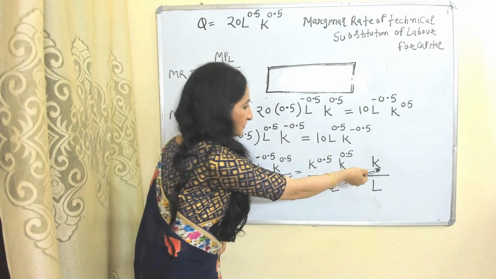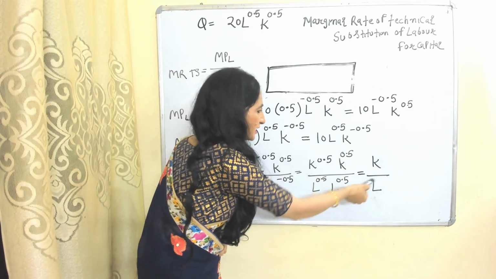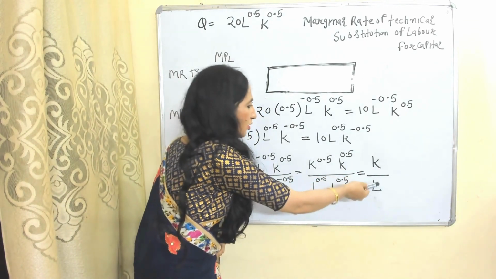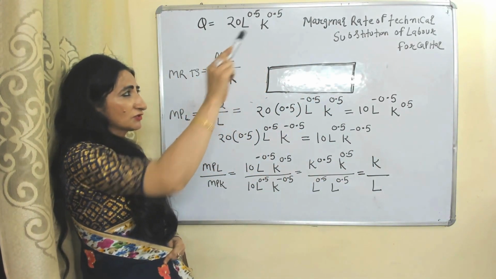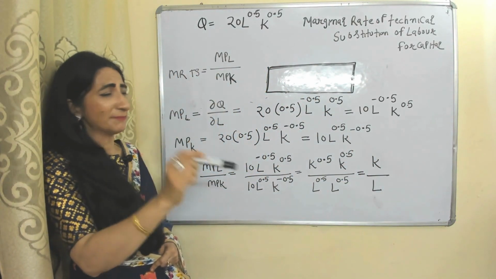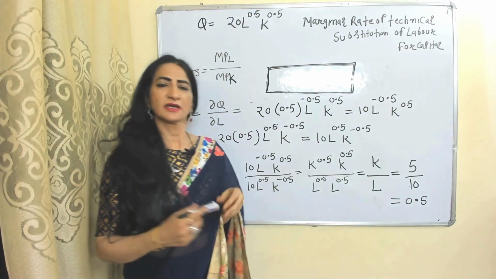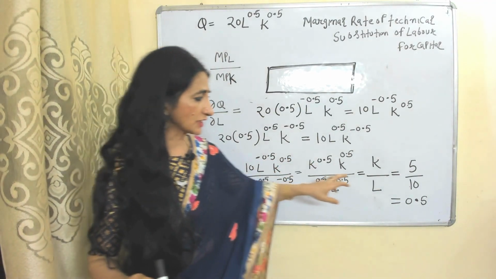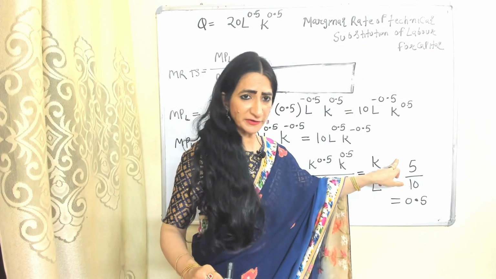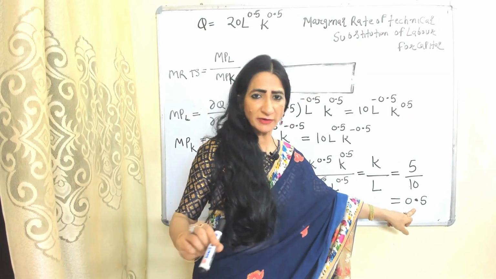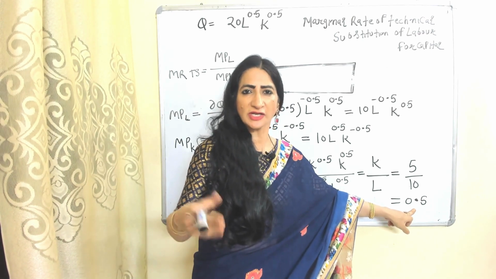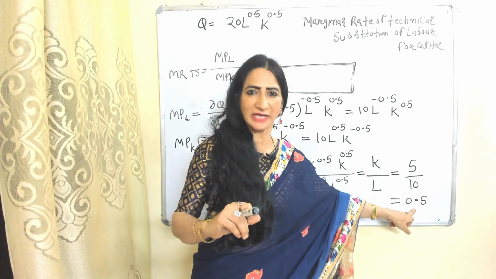Powers will be added, it will become equal to K, and similarly it will become equal to L. K over L will be called the marginal rate of technical substitution of labor for capital for this production function. Suppose the firm is currently using 10 labor and 5 capital, then 0.5 will be the value of marginal rate of technical substitution of labor for capital.